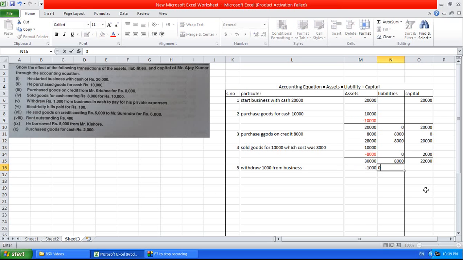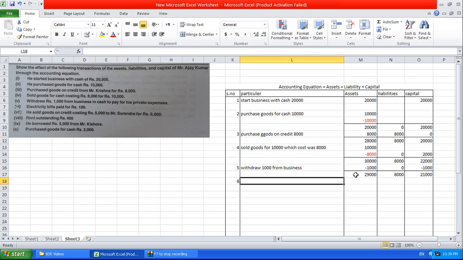It is from business, so definitely capital will be reduced. So after the effect of this entry, the remaining amount will be 29,000, here 8,000 only, and liability here 21,000. Okay, now let's go with the sixth entry.